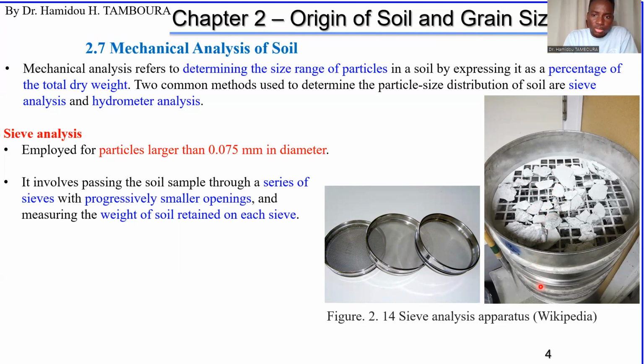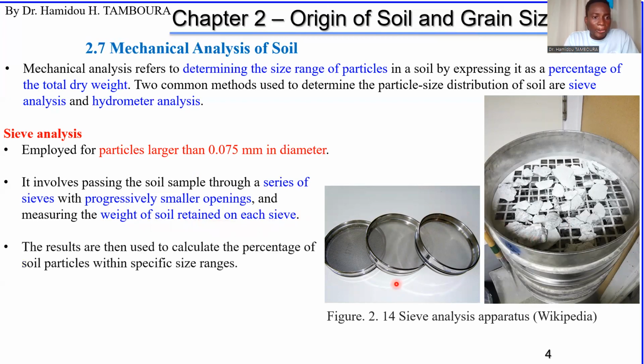You just place your soil sample on the top and you shake the sieves so that the soil passes through. Then we measure the weight of soil retained on each sieve. Then the results are used to calculate the percentage of soil particles within specific size ranges.